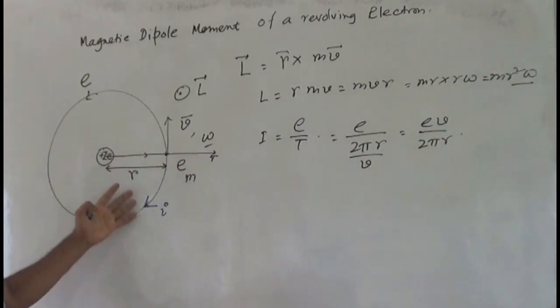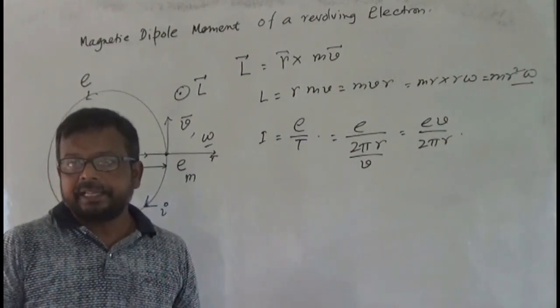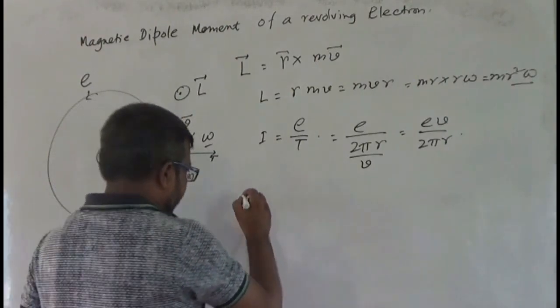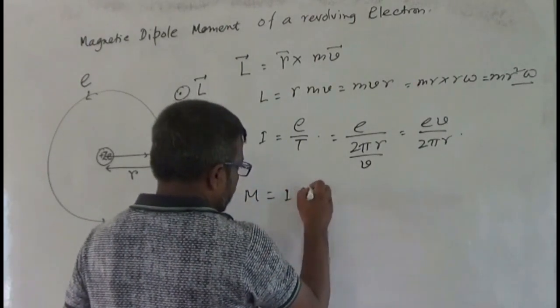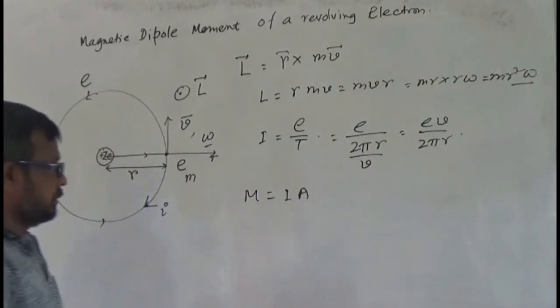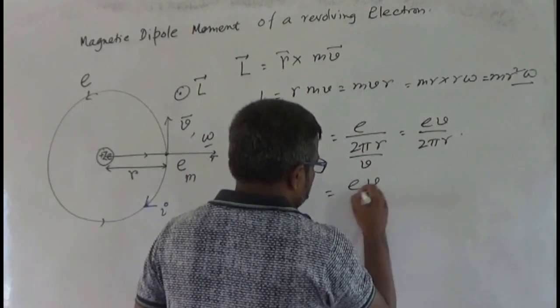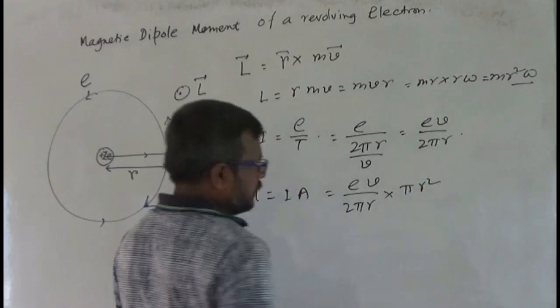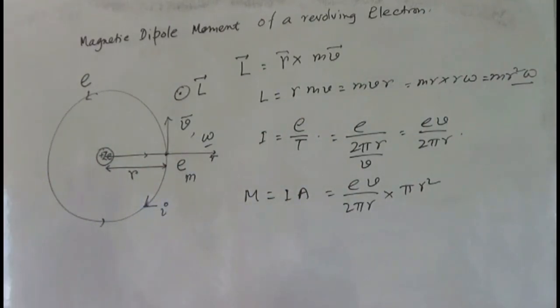Therefore, this current loop behaves like a magnetic dipole, with dipole moment M equal to I into A. I is equal to ev by 2 pi r and A is pi r square, the area of the loop.